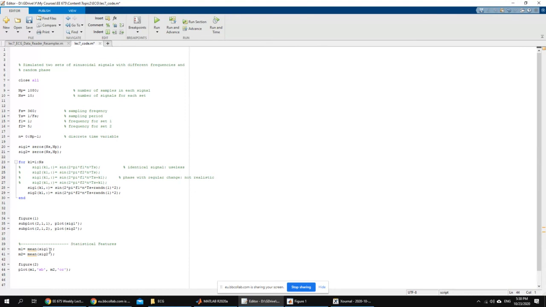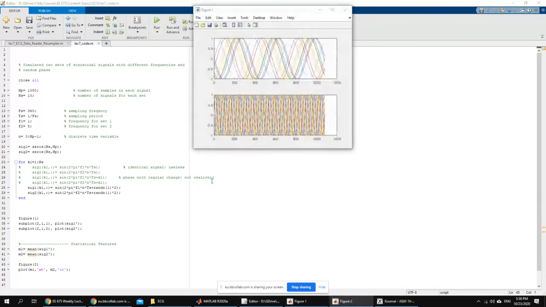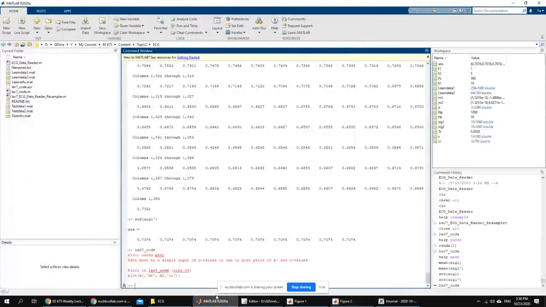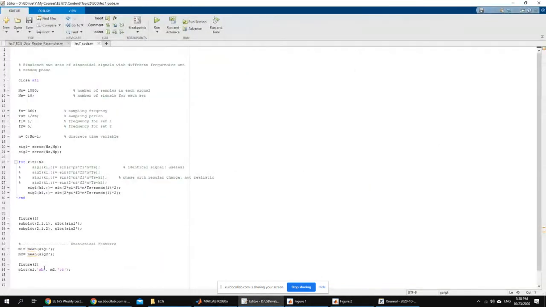Okay. So let's see how that looks. Okay, didn't work. Okay, I have to have X and Y then. If I want to have more than one signal, so I'll just have X as, because the length here is NS, so I'm going to have one NS here, one NS here, because actually if you want to draw more than one signal in plot, you have to have XY, then options, XY options.